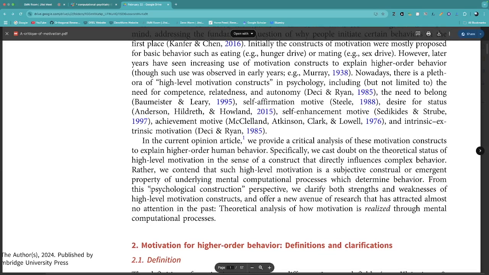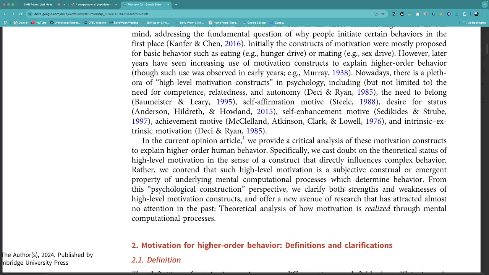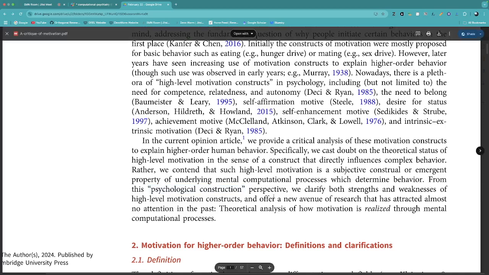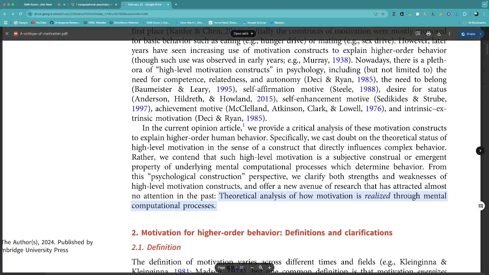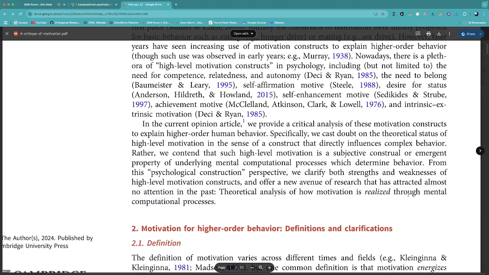From this psychological construction perspective, we clarify both strengths and weaknesses of high-level motivational constructs and offer a new avenue for research that has attracted almost no attention in the past, and that is theoretical analysis of how motivation is realized through mental computational processes, not just measured as an output of behaviors or a collection of measures, but as this sort of mental computational process, which is active, and being able to explain that process.